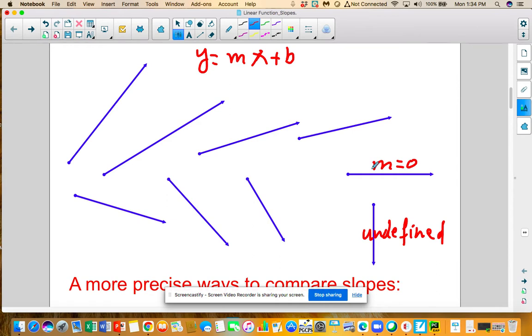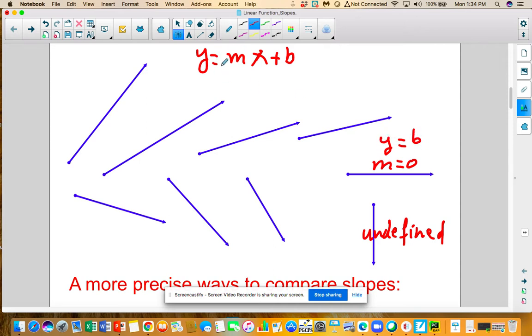But because the slope of a horizontal line is 0, and 0 times x is 0, any horizontal line will not have this part in its equation. The equation of a horizontal line will just be y equals b. Since m equals 0, 0 times x is 0, so what is left is just the b. So that's the form of an equation of a horizontal line, right?